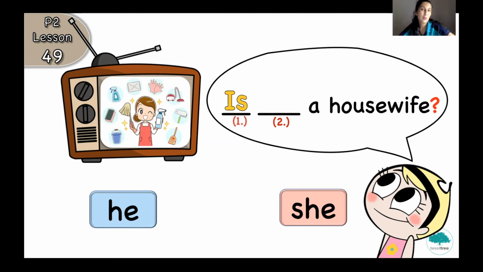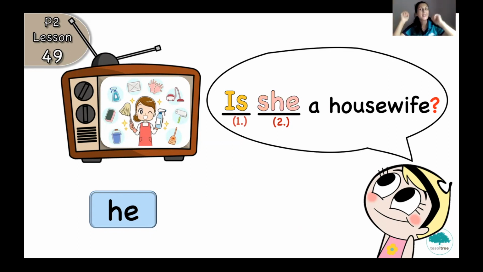If you look at the picture, you can see a housewife and this is a woman. So we have to choose she. Very good. And now let's read our question. Is she a housewife? Can you repeat? Is she a housewife?